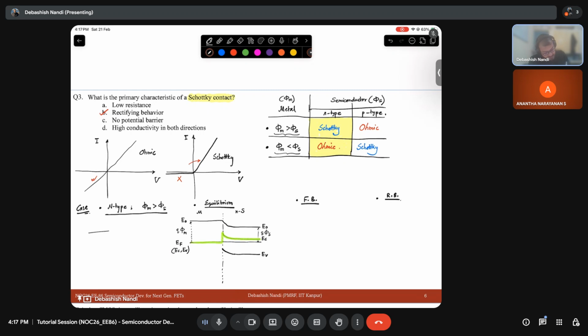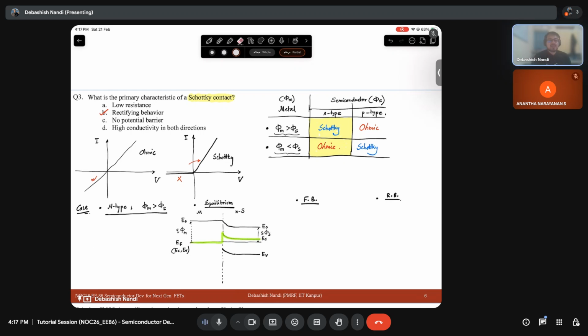We have shown, right? For metal, the conduction band is very close to this. EC and EV coincide and sometimes they overlap. So EC, EV, EF, everything is at the same line. We have done this, right? So if I just want to plot EC, EC will be like this.